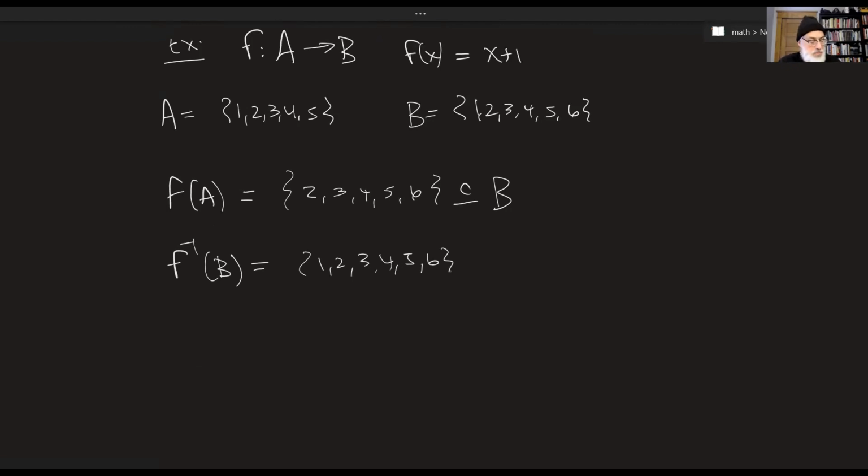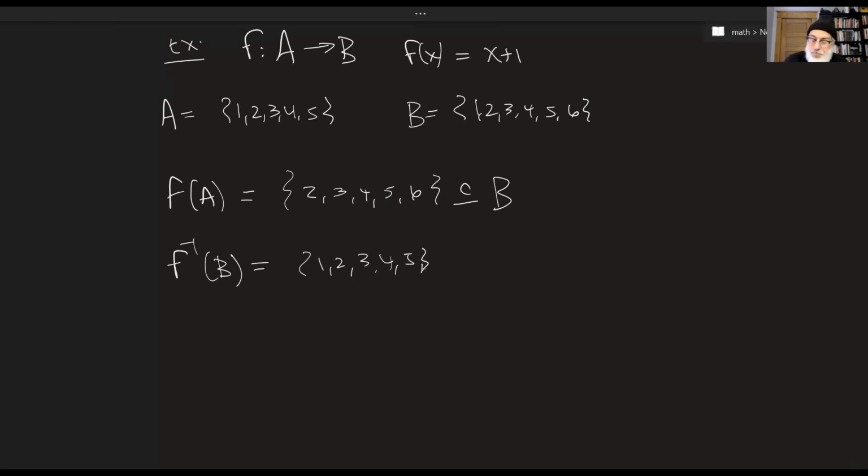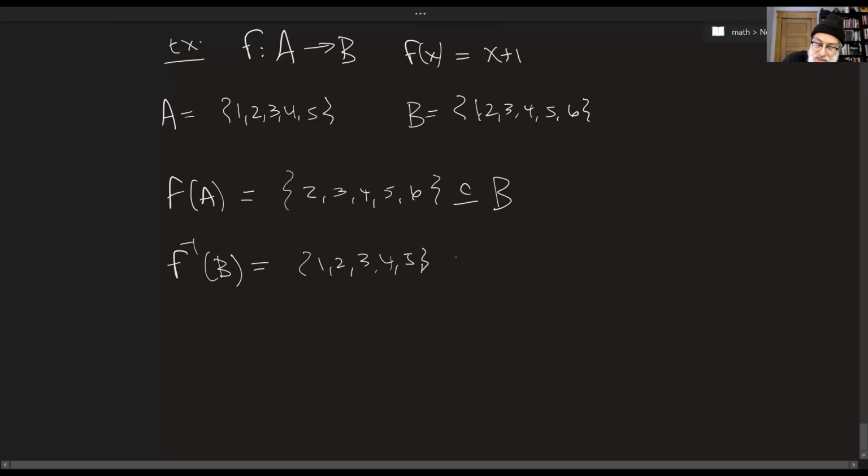Oh, wait, I shouldn't have 6 in it, my fault. So this is essentially A, but you can see f of A is a subset of A. Now the equality is not important, but that's our example.